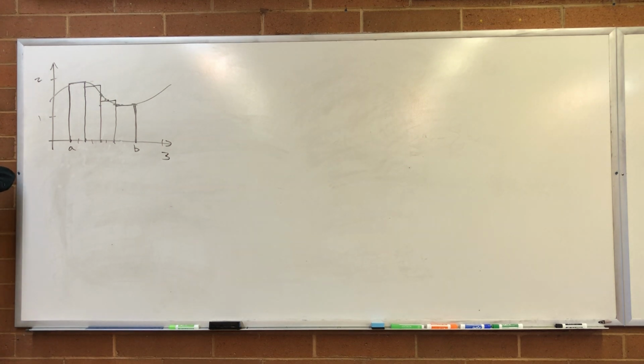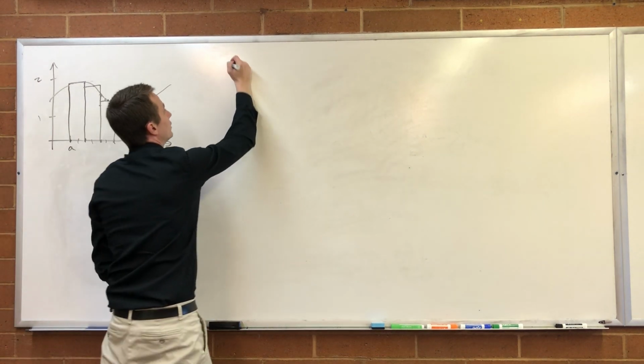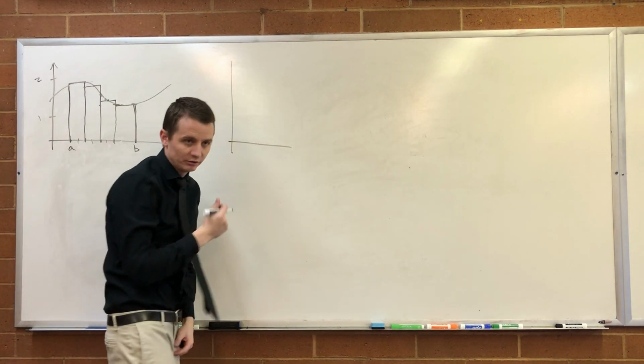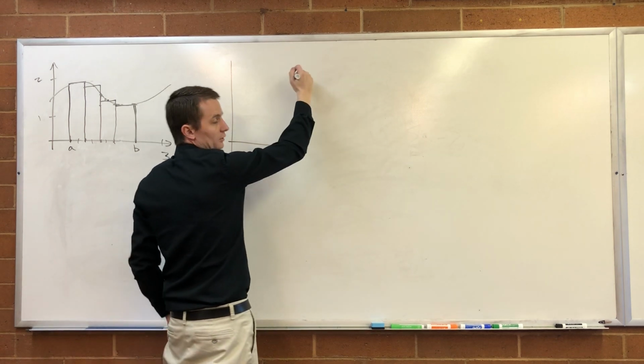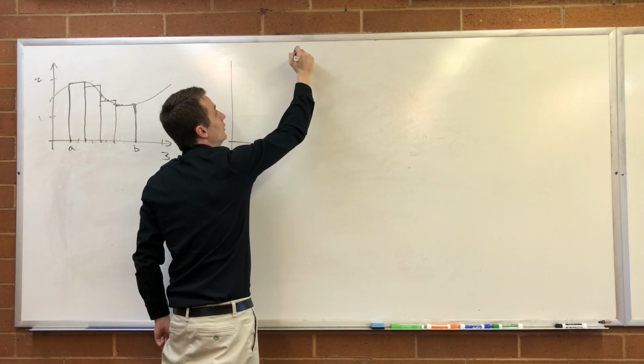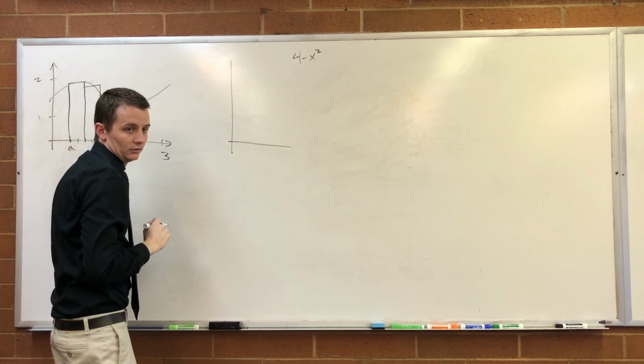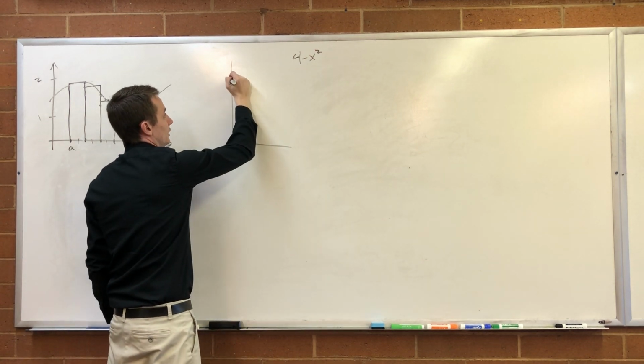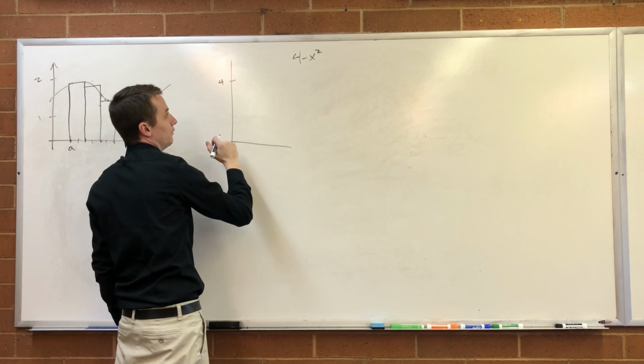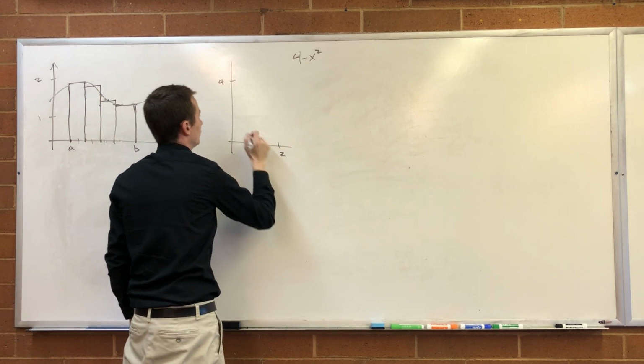So how do you calculate that then? With a generic curve, you can. But if you gave me a specific curve, something like 4 minus x squared. Okay. So if you told you to do it with this, here's where we have 4, here's where we have 2, here's 1.